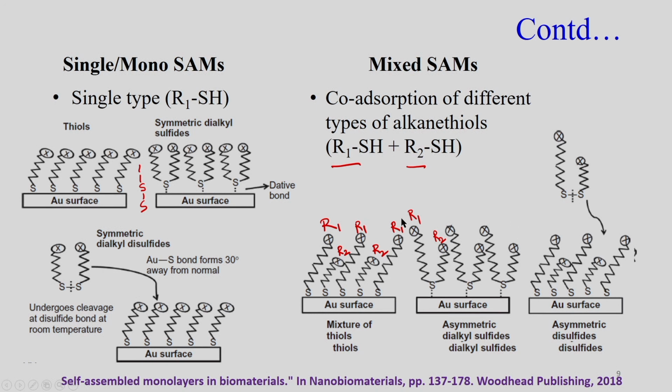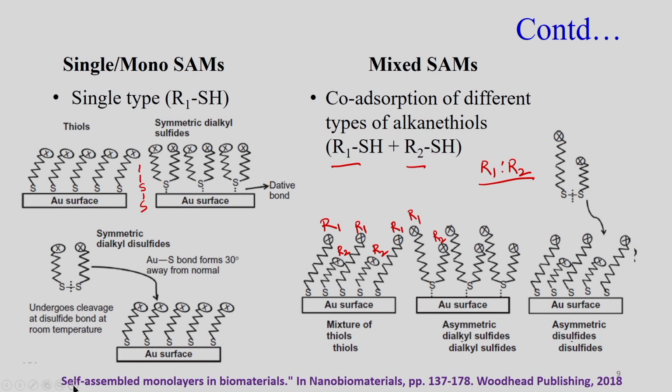It means here we are tuning the surface functionality again, because if you use the mixed SAM, the wettability or the surface functionality will be between R1 and R2, and that will vary depending on the ratio of R1 and R2. So, here it will be decided by the ratio of R1 and R2 on the surface.